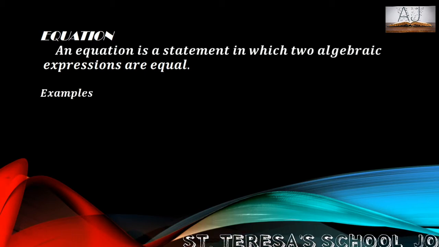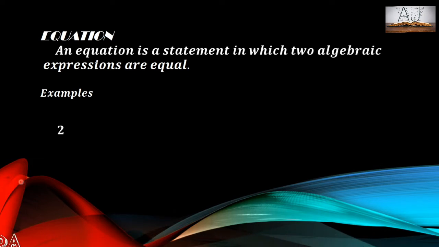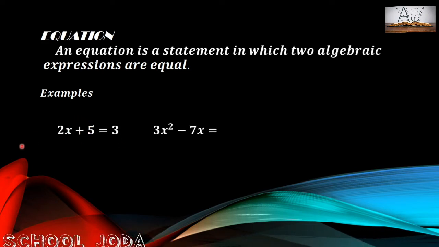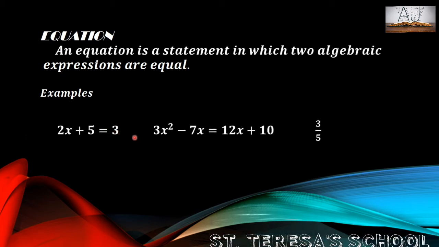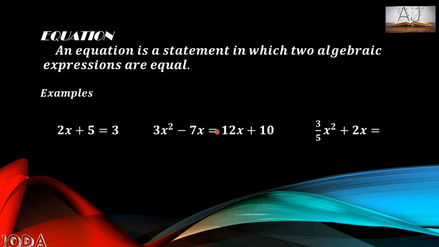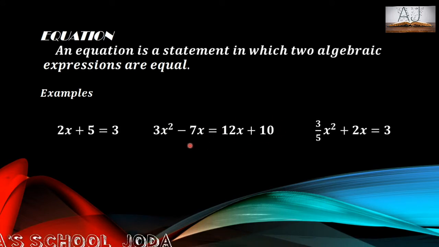Algebraic expressions can be like, let us see the first example of an equation. 2x plus 5 is one of the algebraic expressions and 3 is another algebraic expression. Both are equal, therefore 2x plus 5 equals 3 is an equation. Similarly, 3x square minus 7x is an algebraic expression and 12x plus 10 is an algebraic expression.